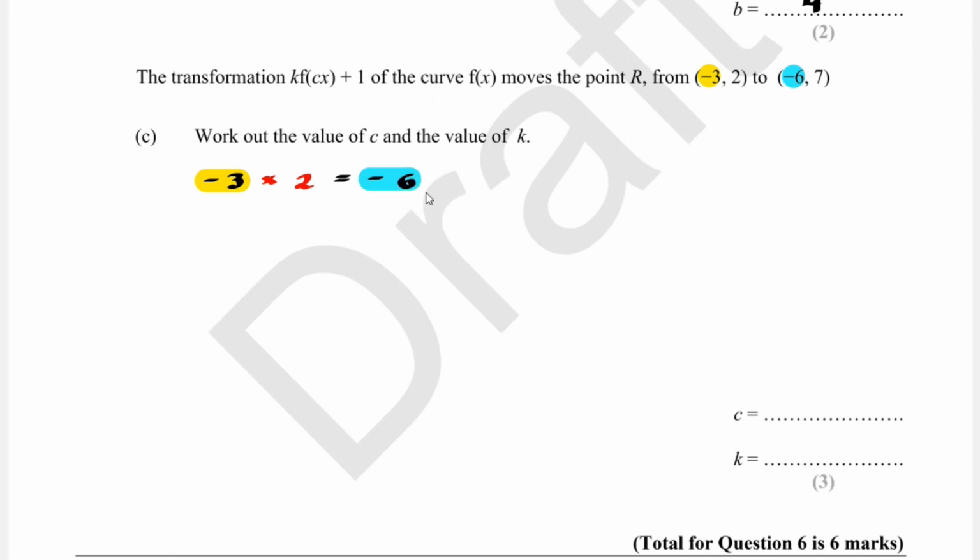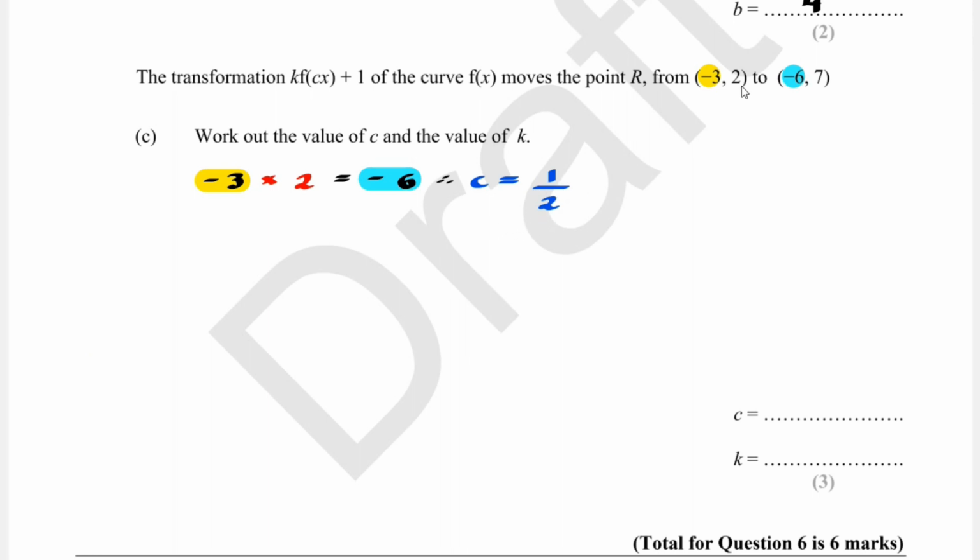Now remember, in the x direction, we generally expect the opposite. So here, as we multiply by 2, what we can infer from that then is c is equal to 1/2. Therefore, c is equal to 1/2.